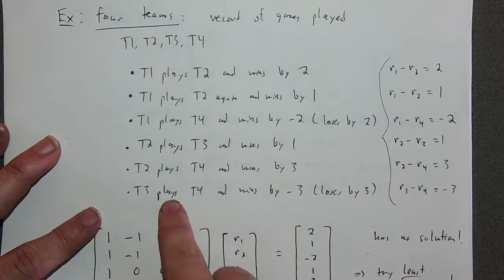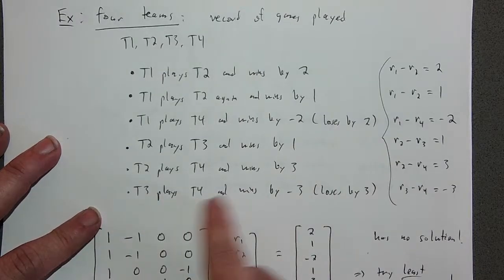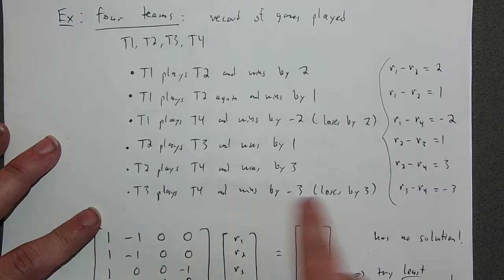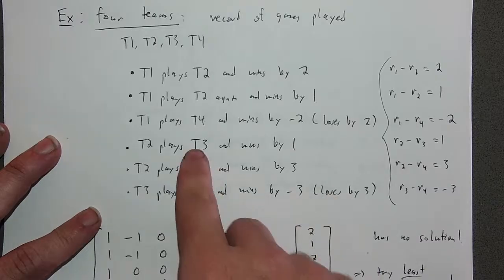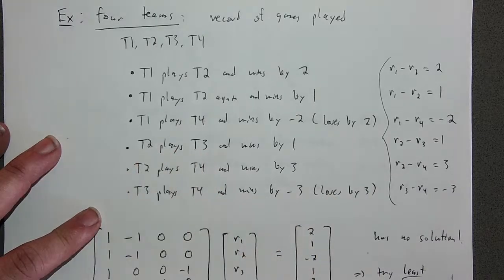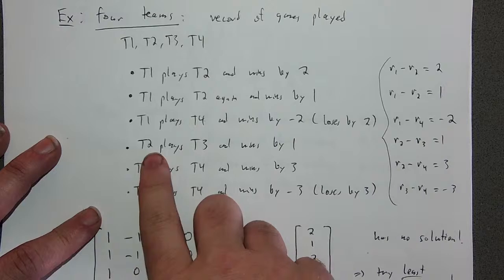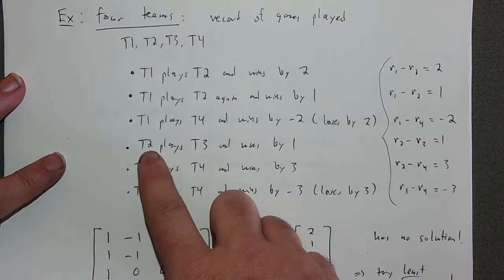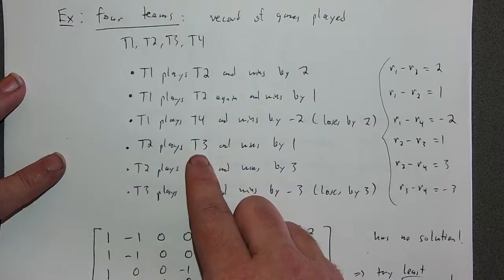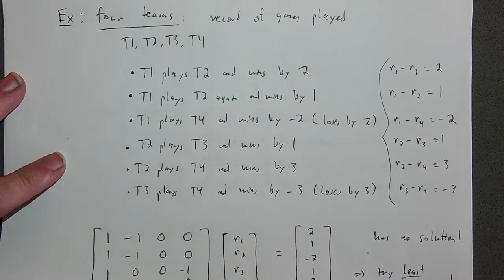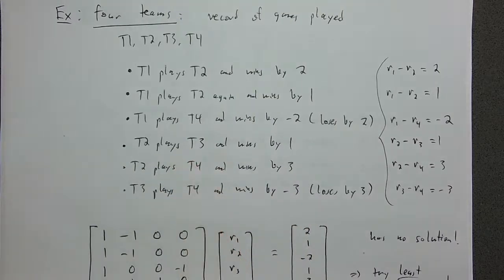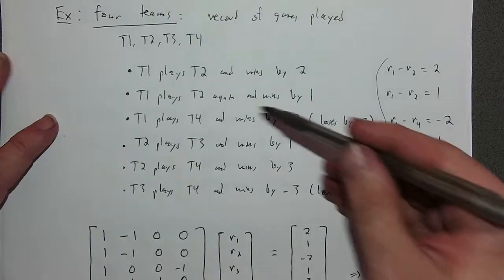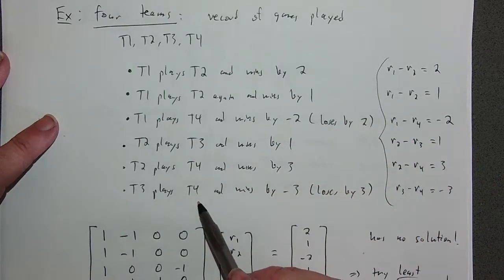Team 3 wins against team 4 by -3, which means they lose against team 4, and they also lost against Team 2 here, right? So Team 3 lost against Team 2 as well. So Team 3 is 0 and 2, right? Team 4 played 3 times and was 2 and 1.